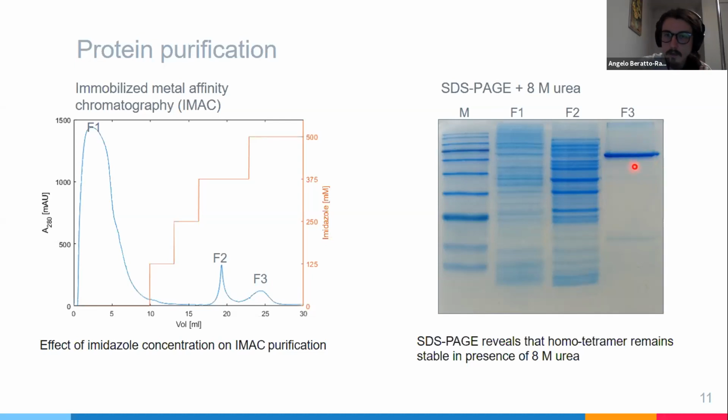Also, I want to highlight that these samples were submitted to 8 molar urea, which is a very strong denaturant chaotropic agent. As we can keep the structure of our protein stable, it opens the possibility to recover more protein from the inclusion bodies.